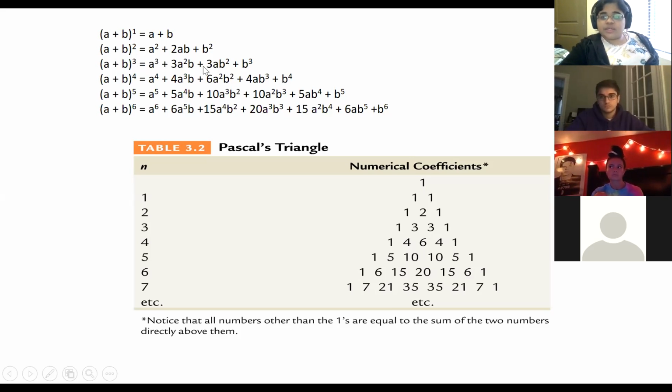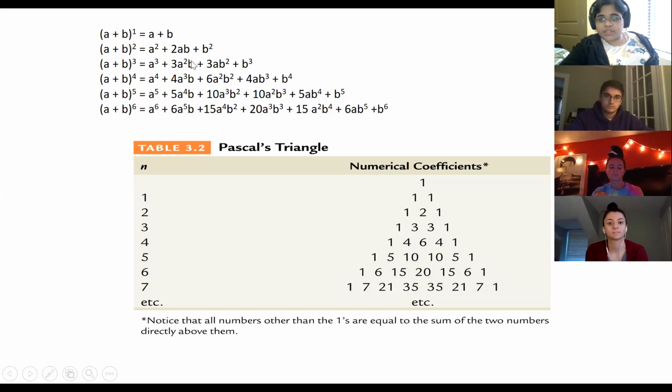When you decrease an exponent on one variable, you increase it by 1 on the other with the next term. And these are the coefficients that come with each term.